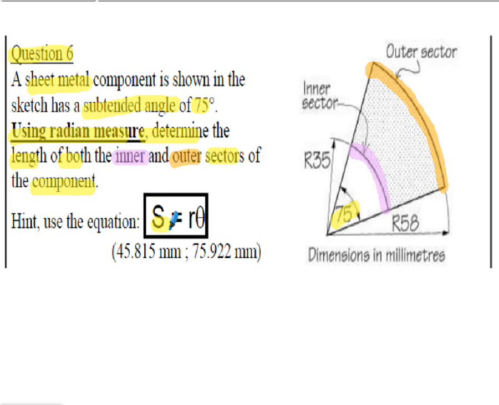So we're using the S equal to R theta formula again. I would encourage you to stop the presentation and attempt this question. Basically you're using the S equals to R theta formula twice, but we're using different radii. The answers are shown in the brackets and the full work solutions are shown on the following slide.